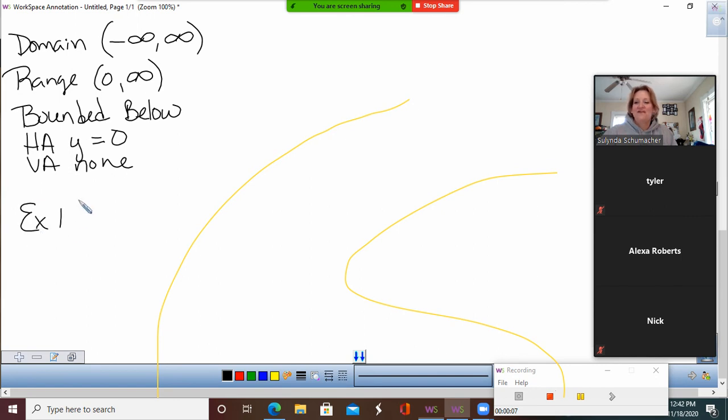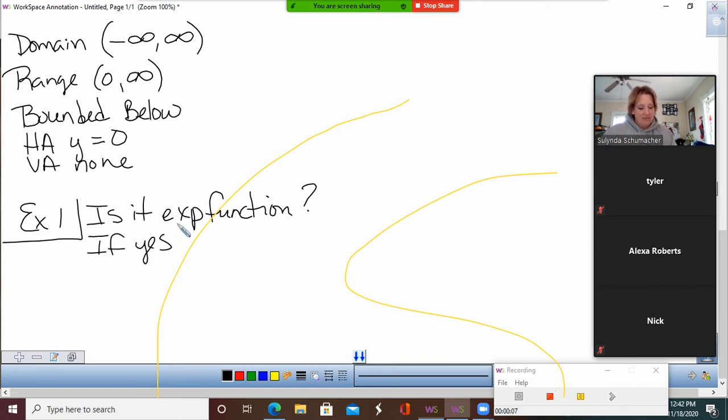Example number 1. I just need to know, is it an exponential function? And if it is an exponential function, I need you to state the initial value.